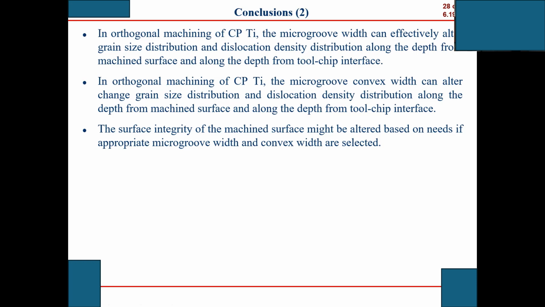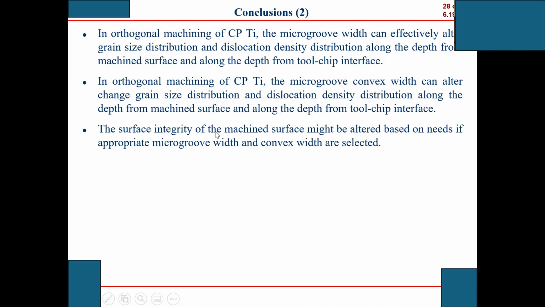This means this can affect grain size and distribution density in both this direction and that direction. So in this machining, the microgroove widths and convex widths can change grain size distribution and distribution density along the depths from the machined surface and also along the depths from the tool chip interface.